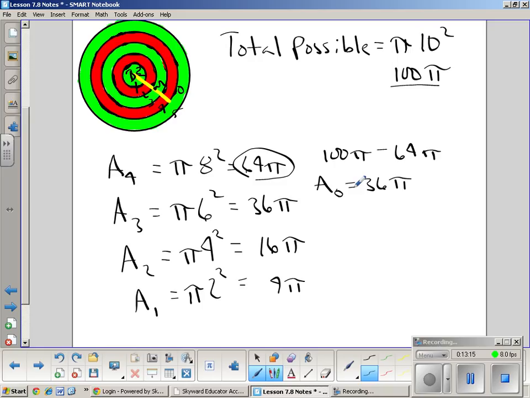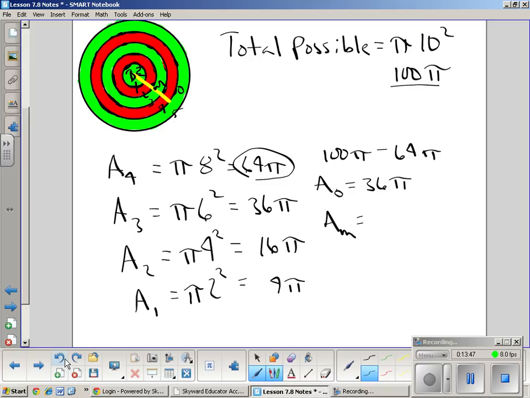How do I find the area of my middle ring? Okay, the middle ring is right here, right? You agree with that? Okay, and so if I take this circle, which is circle 3, and subtract from it this circle 2, that'll give me the middle ring, won't it?